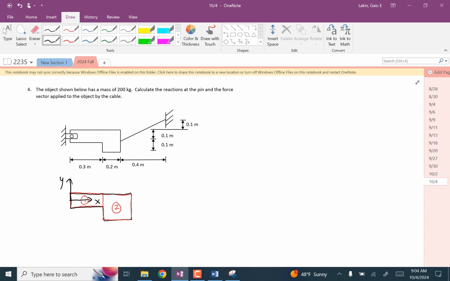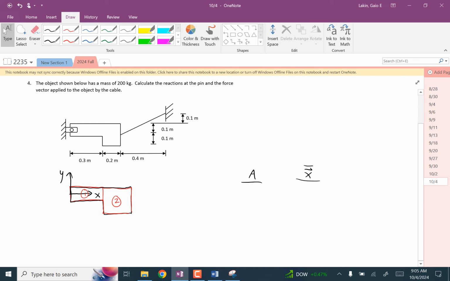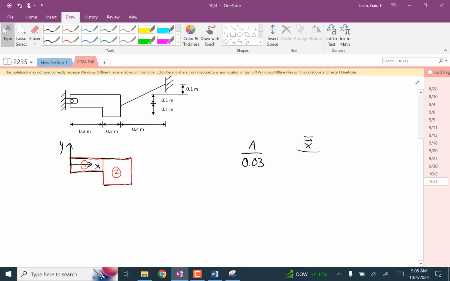And so for body 1, for both of these, we're going to calculate the area and the centroid. The area of 1 is 0.1 times 0.3. And the centroid is 0.150.